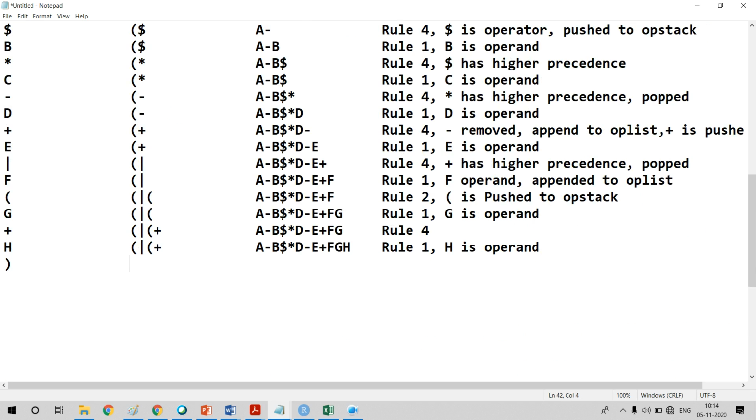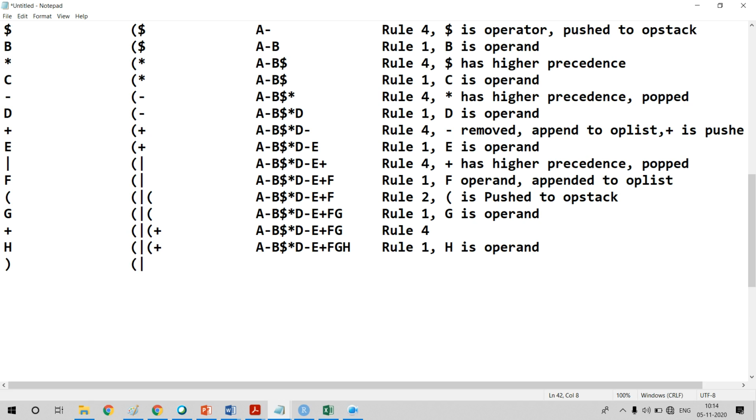The next symbol is bracket close. If right parenthesis appears, the corresponding left parenthesis must be removed. All the operators that are there in the OP stack must be removed. After removing, that operator must be added at the end of OP list.